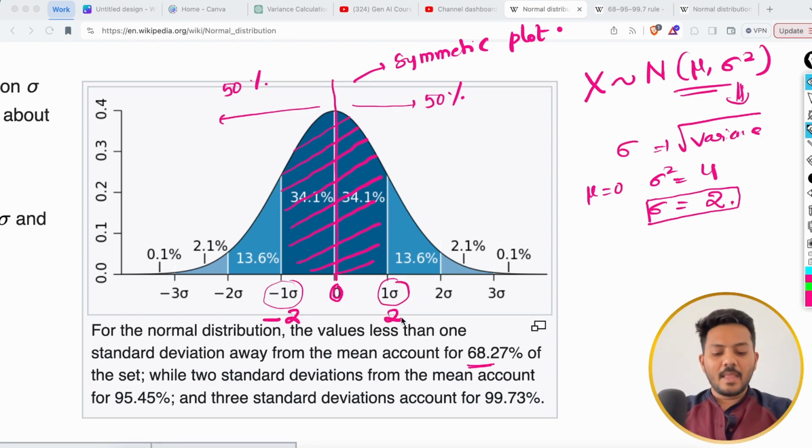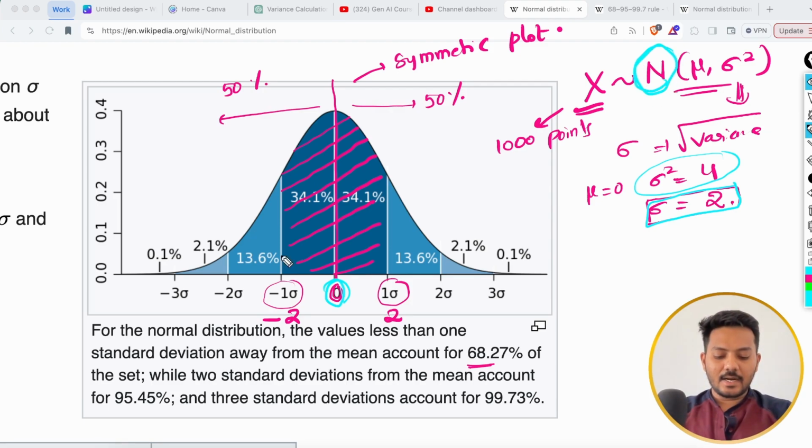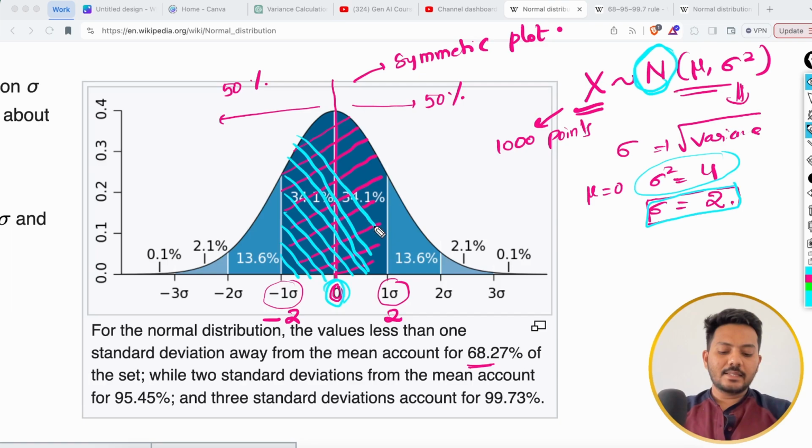So let's say I have a dataset X, and let's assume it is 1000 points. I don't care what these points are, but I know for a fact that the mean is 0, the variance is 4, which means the standard deviation is 2, and it follows a normal distribution. Then I can conclude that approximately 68.2% of values lie in the range of minus 2 to 2.